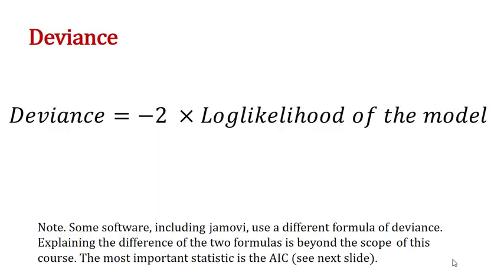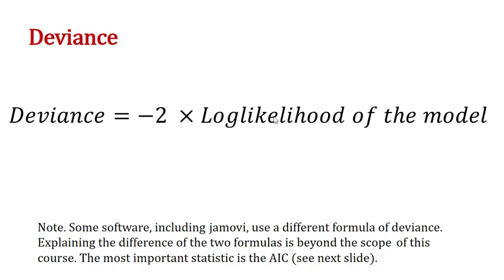Another statistic is called the deviance. Basically what you do is minus 2 times the log likelihood. And why do we do that? I think the main reason is that log likelihoods are typically negative numbers. It could be the case that they are positive if we have very high densities, which are more than 1, but typically they are negative numbers.